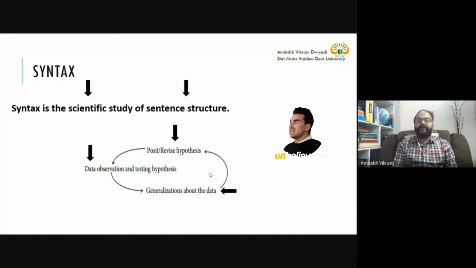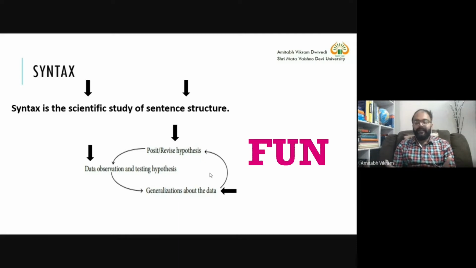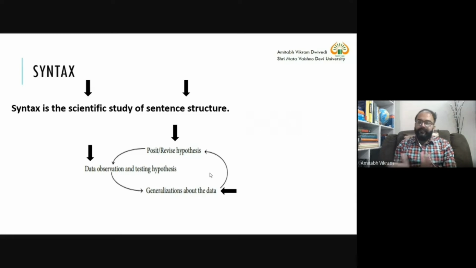Now this is subjectivity: something that is okay in England is not okay at all in India. But in subjectivity, there are lots of ways. 100 people, 100 interpretations. That is the difference between subjective and objective.